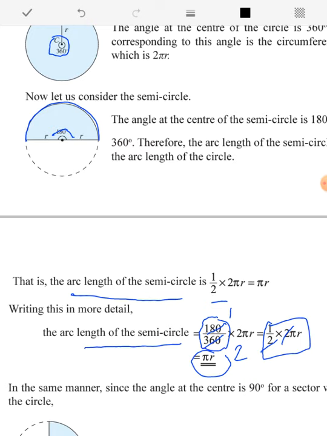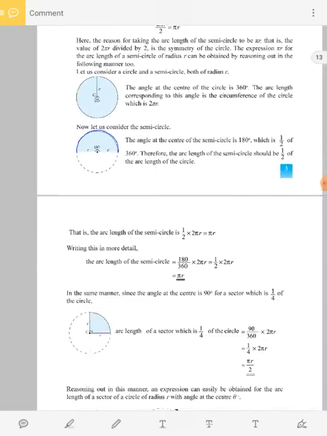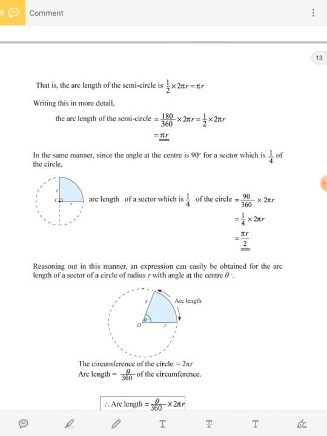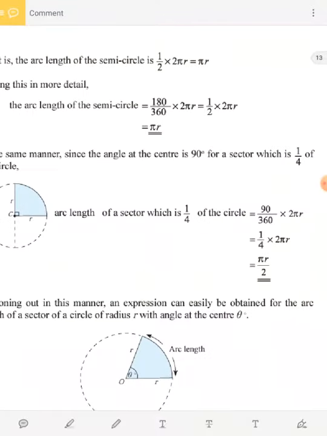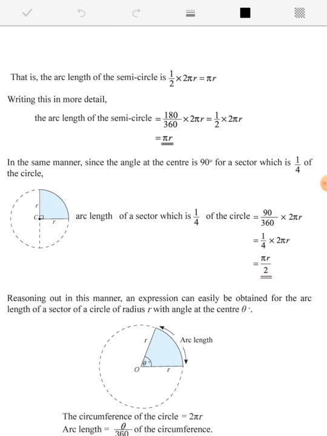Okay, so let's move to the next part, that is quarter circle. If that circle is a quarter and your sector of a circle is this part, how do we find the arc length from here to here? You know that one is also a quarter of the circumference of this circle, right?